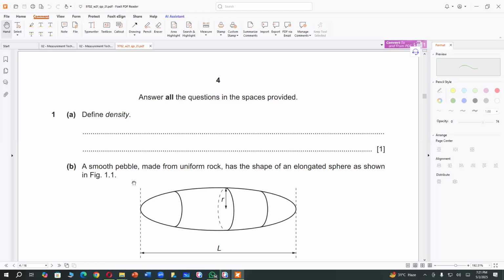So what is the definition of density? Density is the mass per unit volume.